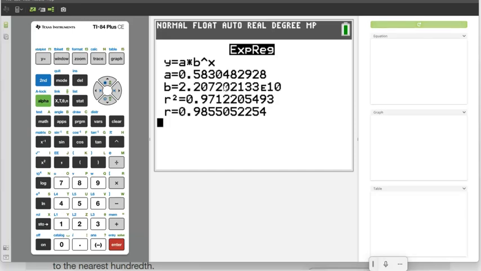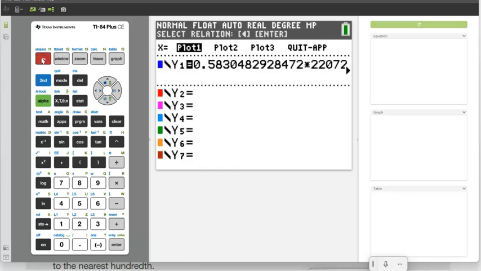All right, so then the next thing that they ask us to do is use that model to estimate the risk associated with a blood alcohol content of 0.16. Okay, so once I have my equation, basically I'm just plugging 0.16 into it, because I told my calculator, when it created the equation, to automatically load it in Y equals for me.